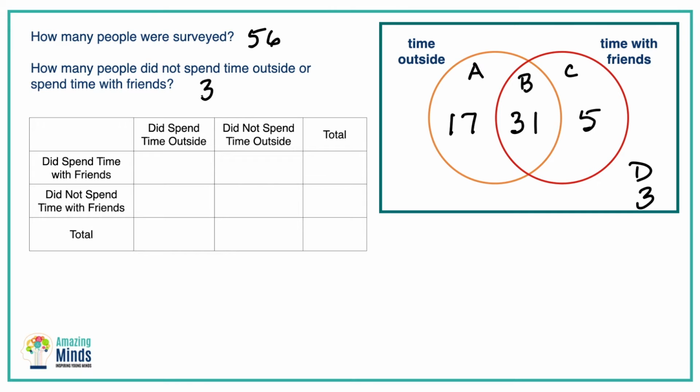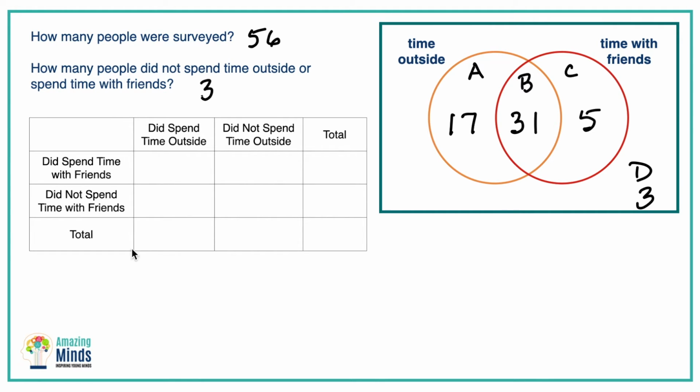So for example, and if they need another question, okay, well, this circle represents people who spent time outside. Where is that on this table? Well, it's did spend time outside, is this column.